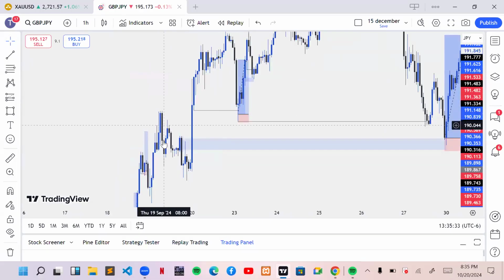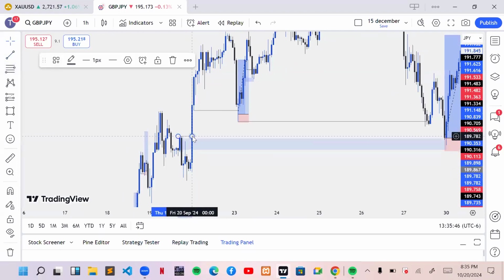You can see lower highs and lower lows, lower highs and lower lows. And then markets came here and broke past this last low, causing a shift in market structure right here.